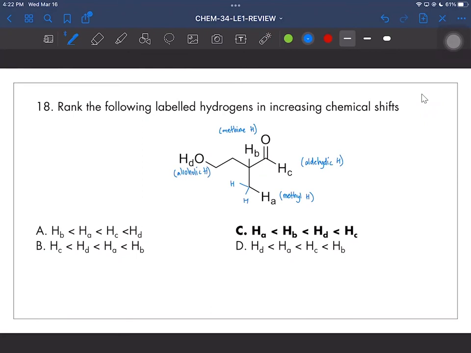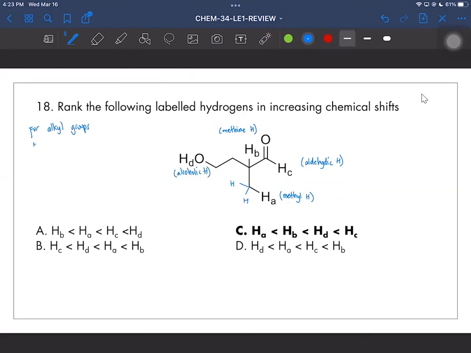So if we compare these four groups, alcohol, aldehyde, and alkyl groups, we can say now the alkyl groups are relatively the most upfield, but it begs the question between which, methine or methyl, is the most upfield. So for alkyl groups, as we substitute more carbons into the alkyl groups, the hydrogen becomes more downfield, less shielded.